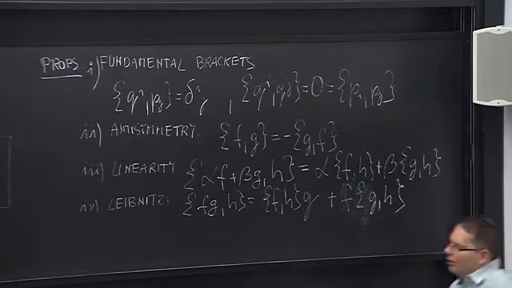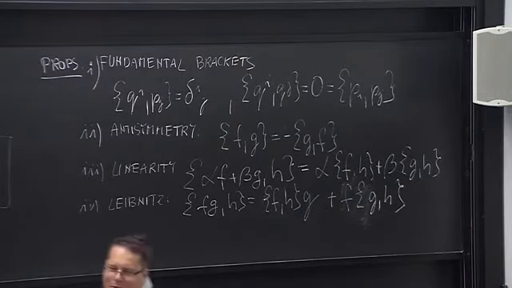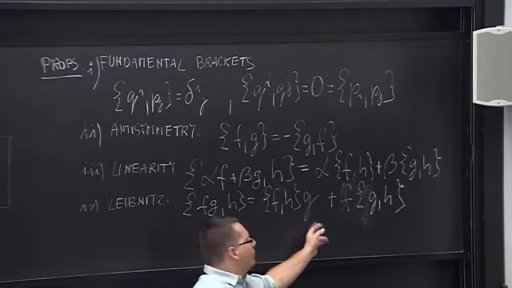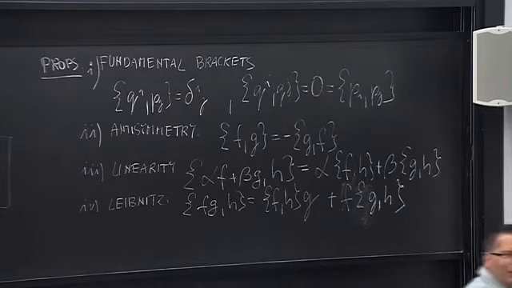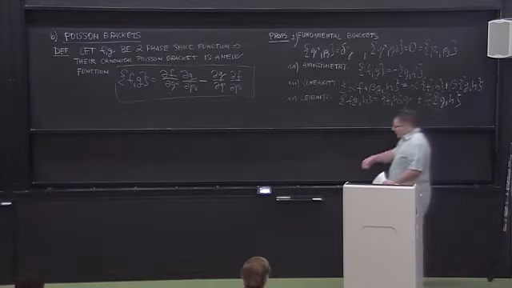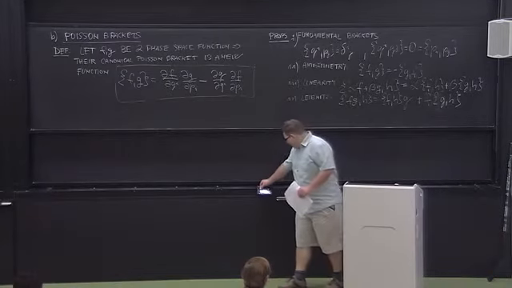I am deliberately writing this so that whatever was on the right stays on the right, and whatever was on the left stays on the left. The reason is that this can be true also for matrices and whatever, so this can be generalized beyond the functions.